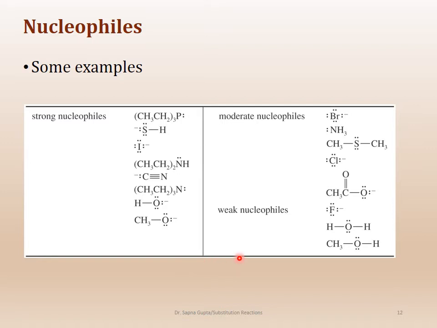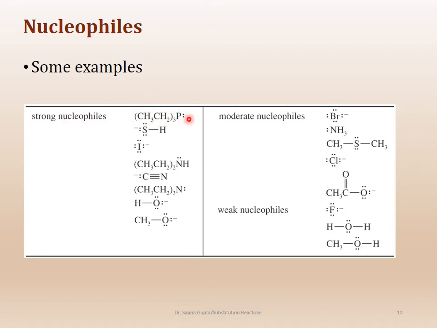Here are some examples of nucleophiles. You may want to keep this chart handy in the beginning, and later on you will get used to it. So here are the strong nucleophiles that you need. See, all of these are negative, negative, negative. Some of the neutral ones are the phosphorus and the nitrogens, because they make for really good nucleophiles.